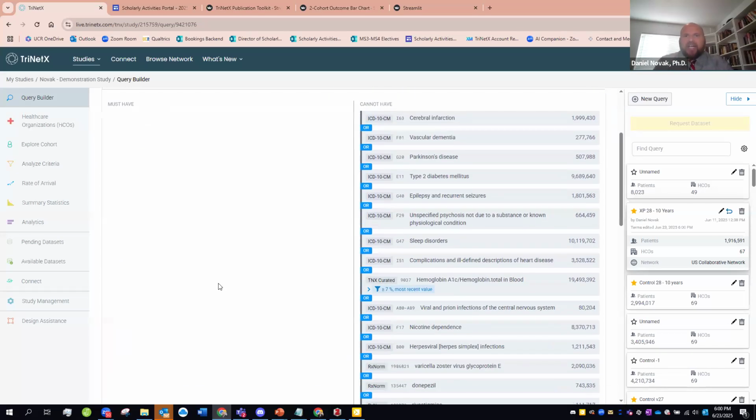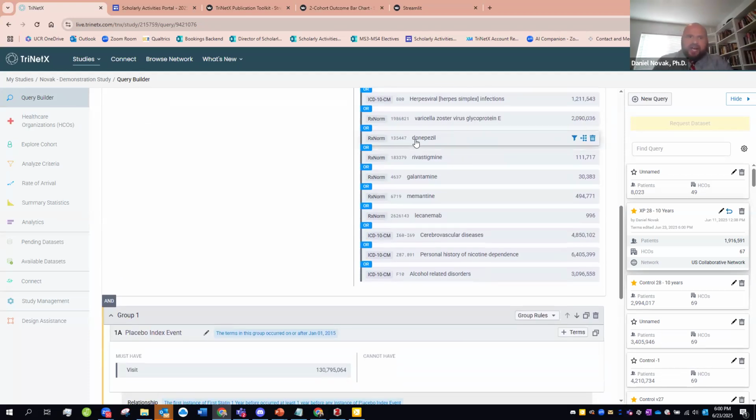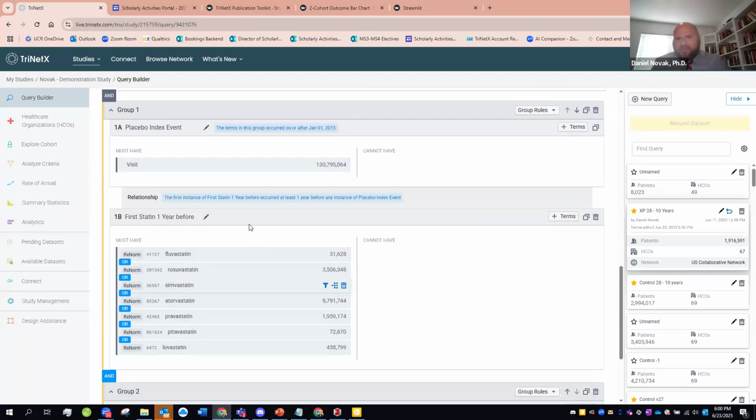And you can see they all have the same exclusion criteria as the other group. They also, rather than being included because they're on vitamin D or ibuprofen, just have a visit. They came in for any reason, for any kind of visit to their hospital system, and then they got a statin within 1 year before that visit. So 1 year prior to showing up, they did that.